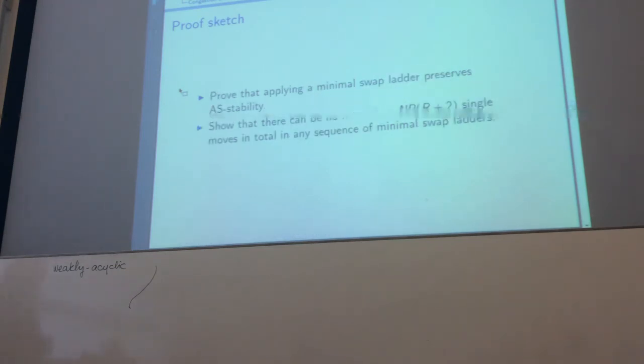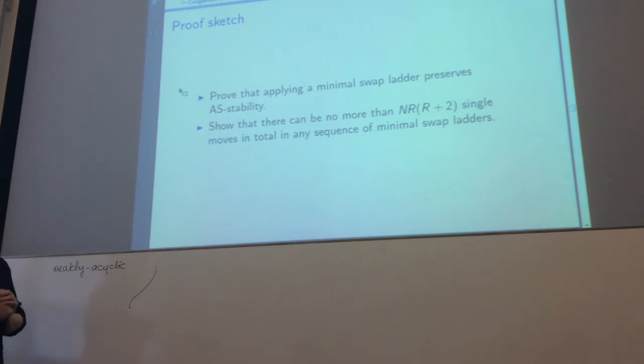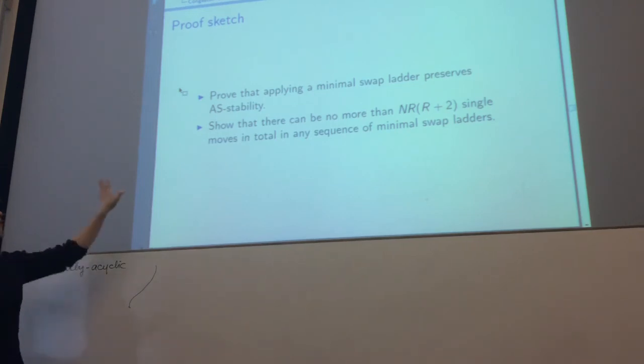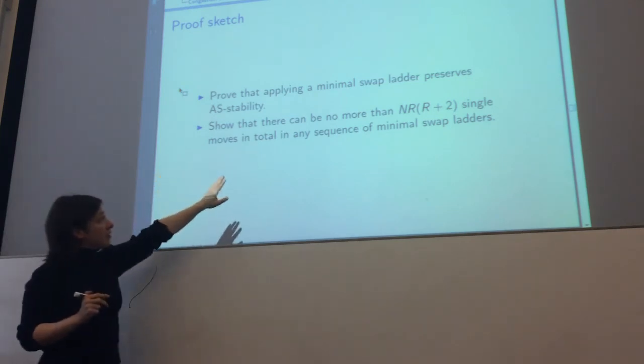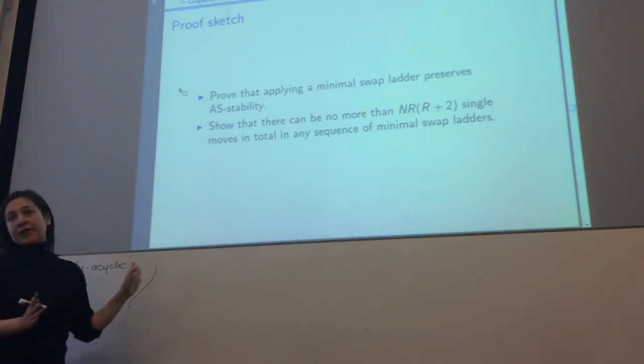Now, if we have something which is stable against adds and switches, then we show that applying a swap ladder does not ruin that property. Good thing. Second thing, there cannot be more than polynomial many swap ladders.